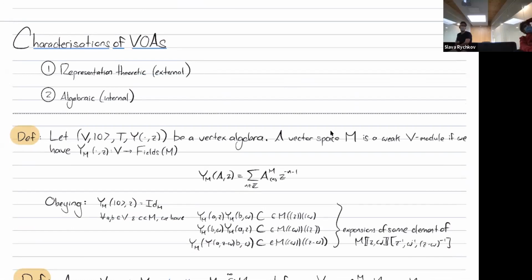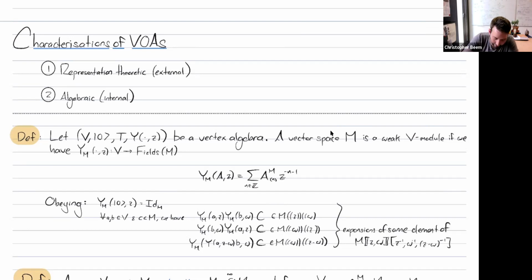I wanted to say something about what one encounters if you try to learn about what are nice types of vertex operator algebras. Basically there are two types of conditions, roughly speaking, that you run into: representation theoretic ones and algebraic ones, external or internal.